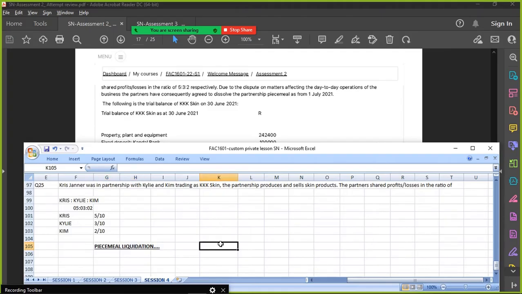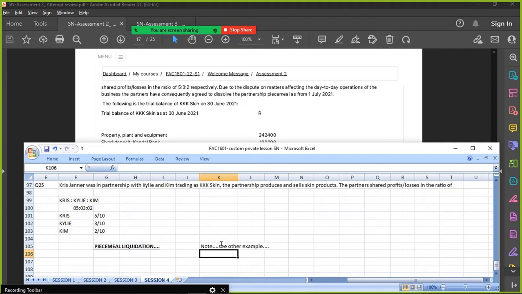Okay, all right. So then I'll just make a note here. See other example. Okay, so basically what happens in a liquidation: if it's a simultaneous liquidation, simultaneous means you basically sell everything. It's like a garage sale.